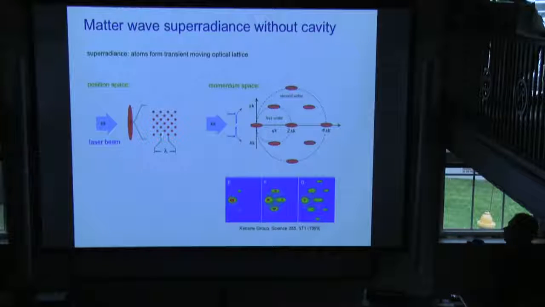The lattice that forms is shifted in frequency due to the recoil that's emitted. So it's a moving density grating arising.